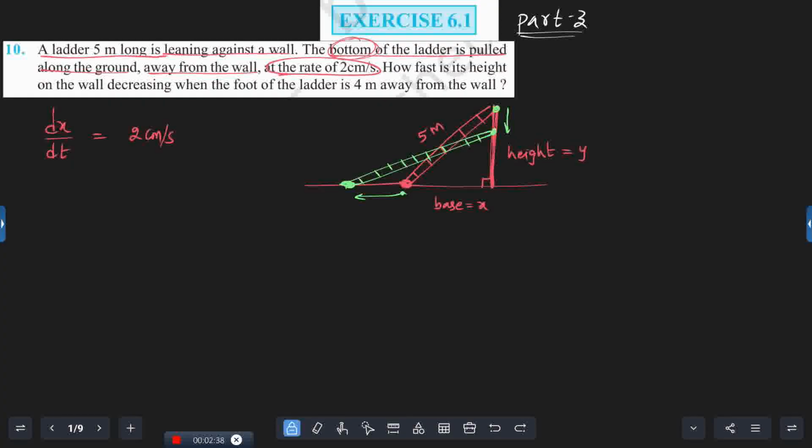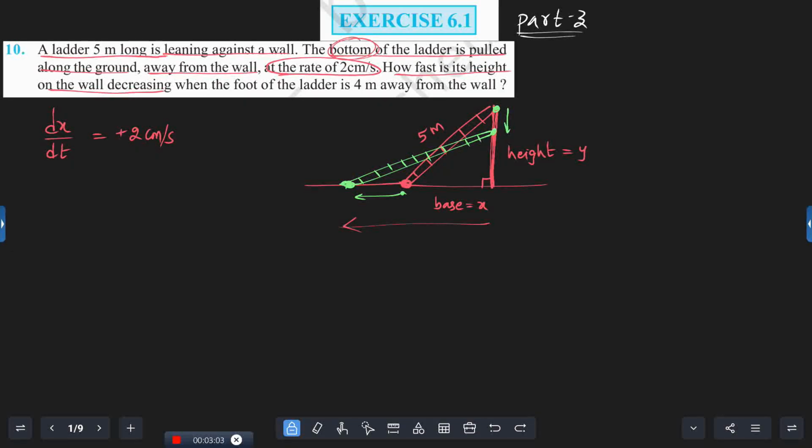Very important thing: they did not mention whether the bottom is increasing or decreasing at the rate. They just said pulled away from the wall. When they pull away from the wall, the base is increased, so it will be plus 2 centimeter per second. Next, how fast is its height on the wall decreasing?